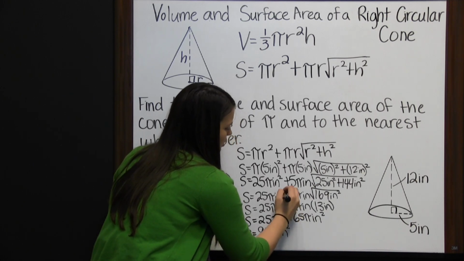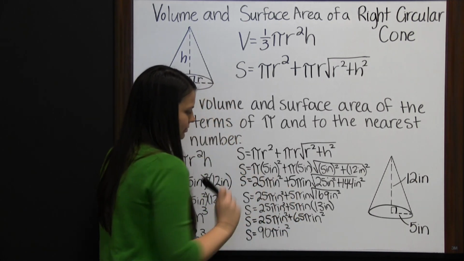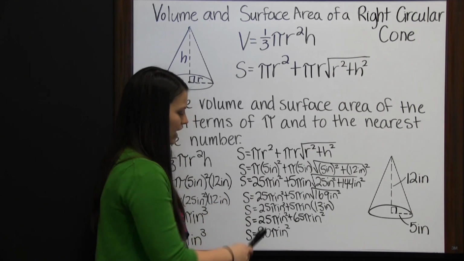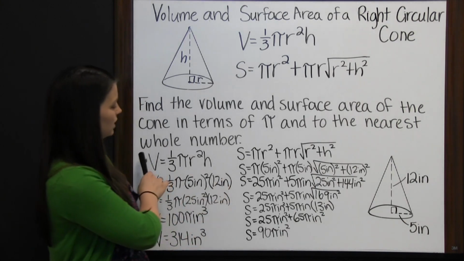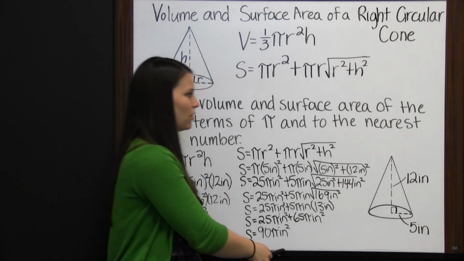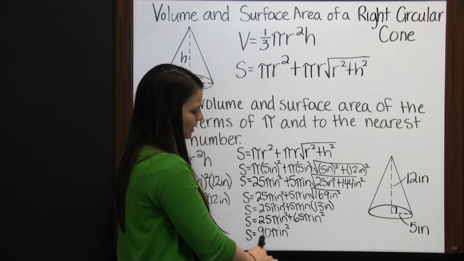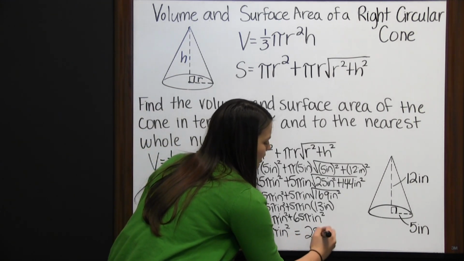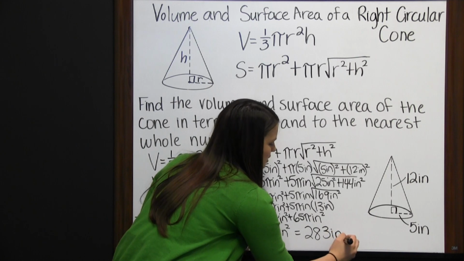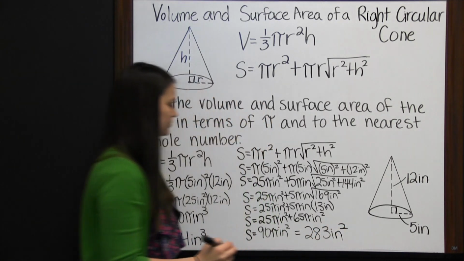And these should have been inches squared as well. Lost our 2 there. And that's our answer in terms of pi. And then to find it to the nearest whole number, we need to multiply times pi. 90 times pi is 283 inches squared.